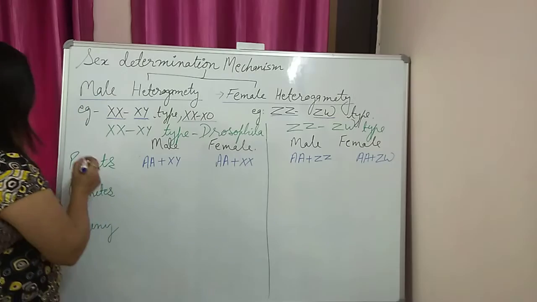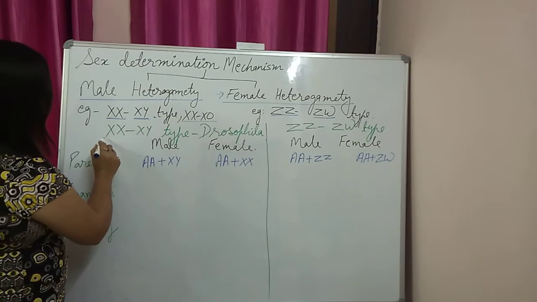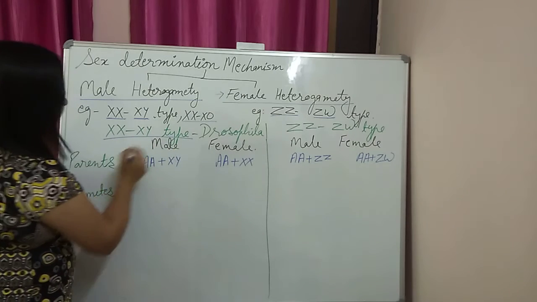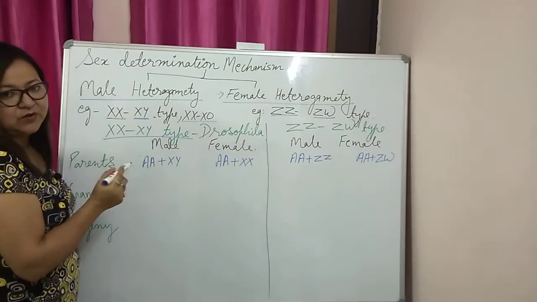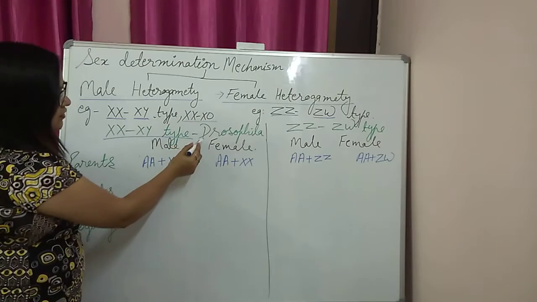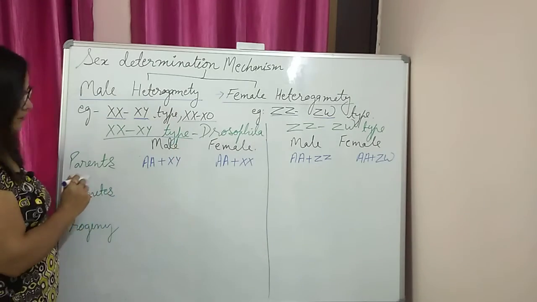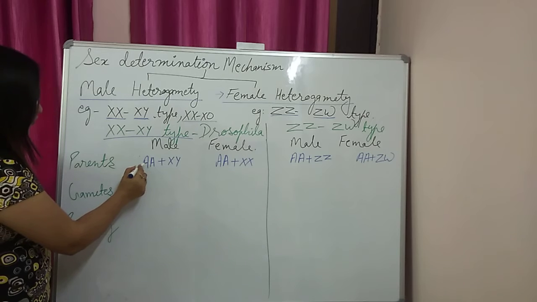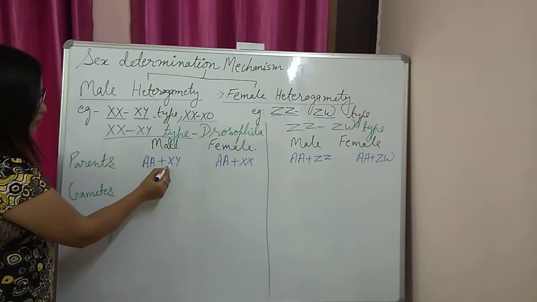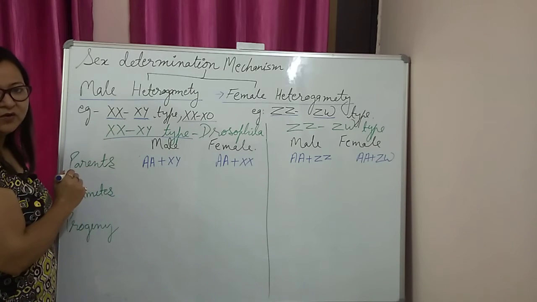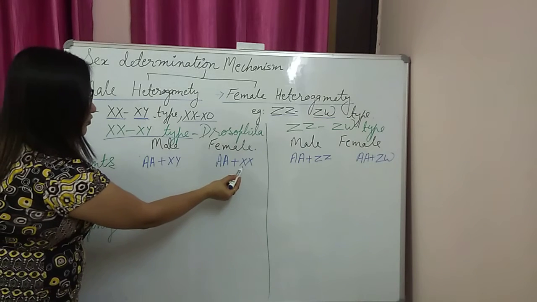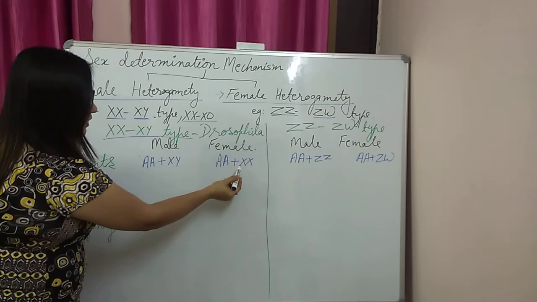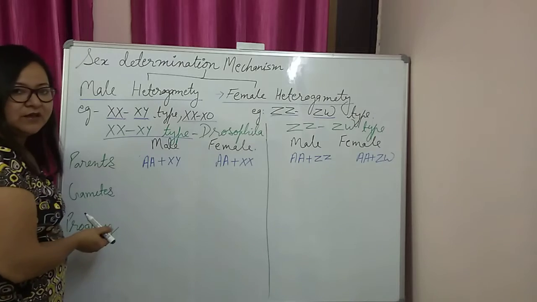So first we'll go into detail about the XX-XY type, and it is present in a number of mammals including human beings and in insects, for example Drosophila. Here the male has autosomes along with the sex chromosomes X and Y, two different types of sex chromosomes, while the female has two similar sex chromosomes, XX.